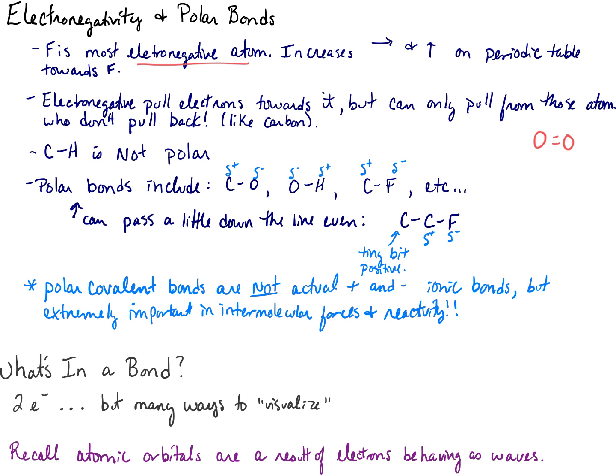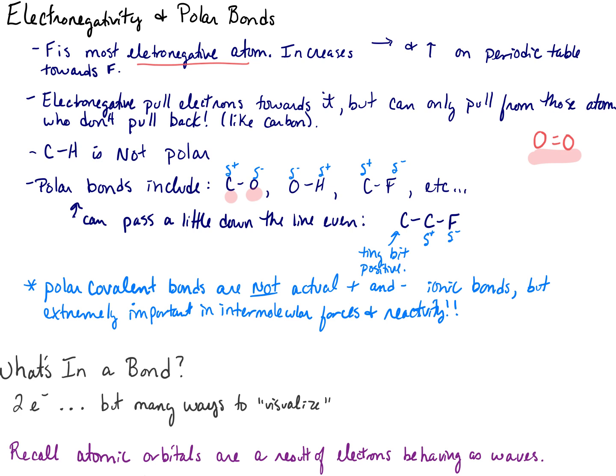So if we start with CH is not polar, and things that are alike and pulling in opposite directions but are the same, let's not worry about those, and those are considered nonpolar. Then we can look at some other things. So we have CO. In that CO bond, oxygen is more electronegative than carbon, and that's enough to make a polarity in that bond.